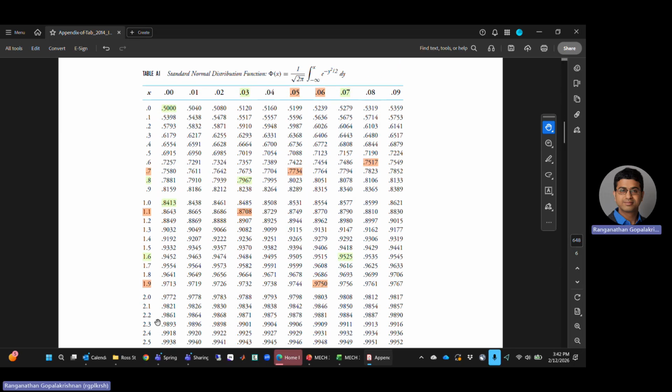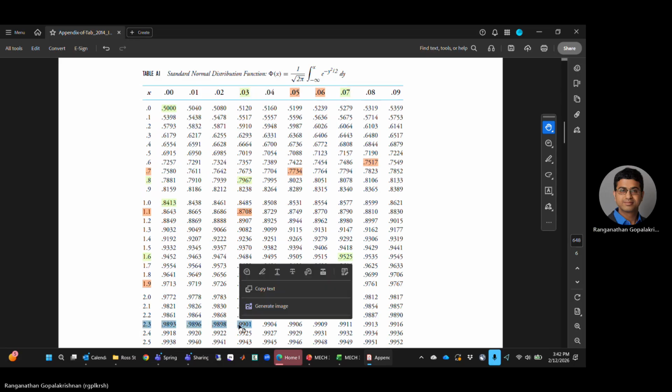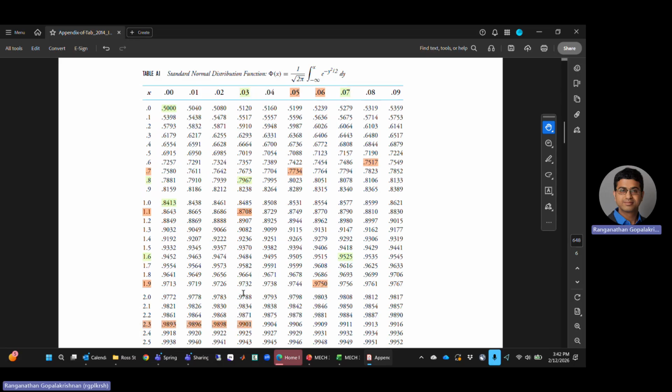It's between 2.32 and 2.33, so we'll take it as 2.325. You draw the line at 2.325, and 99% of the values are to the left of that line. Yes?